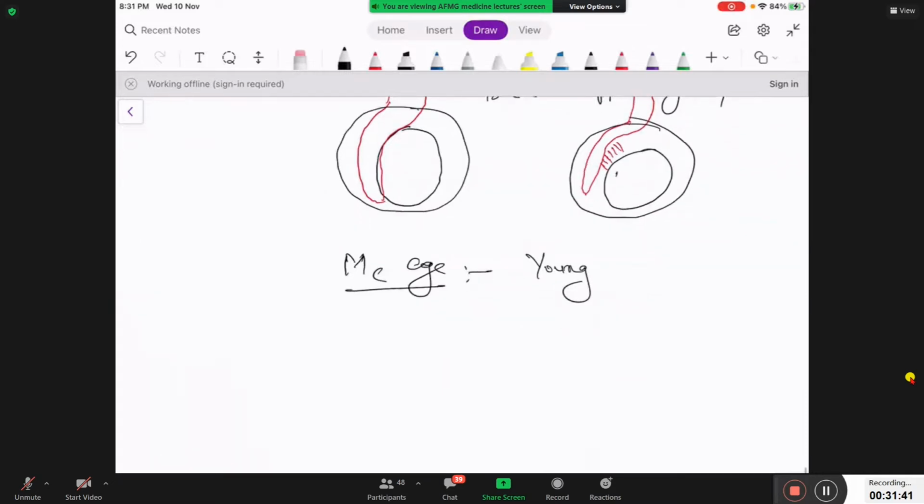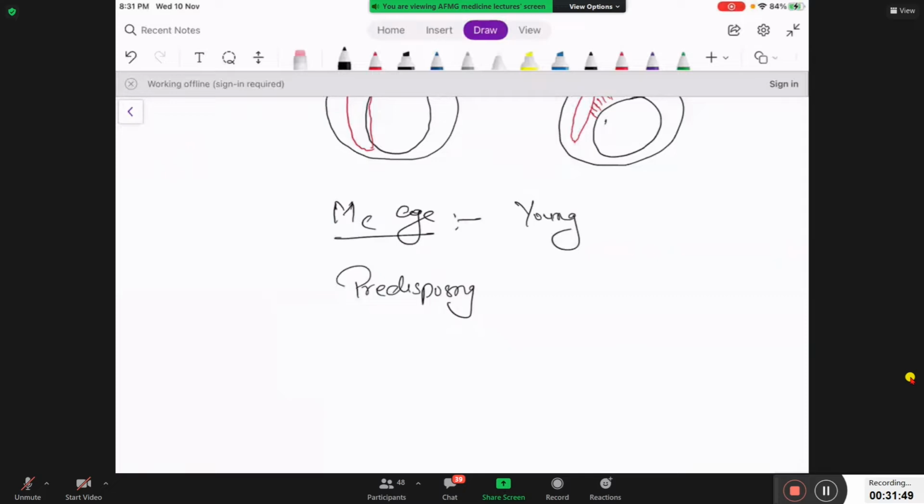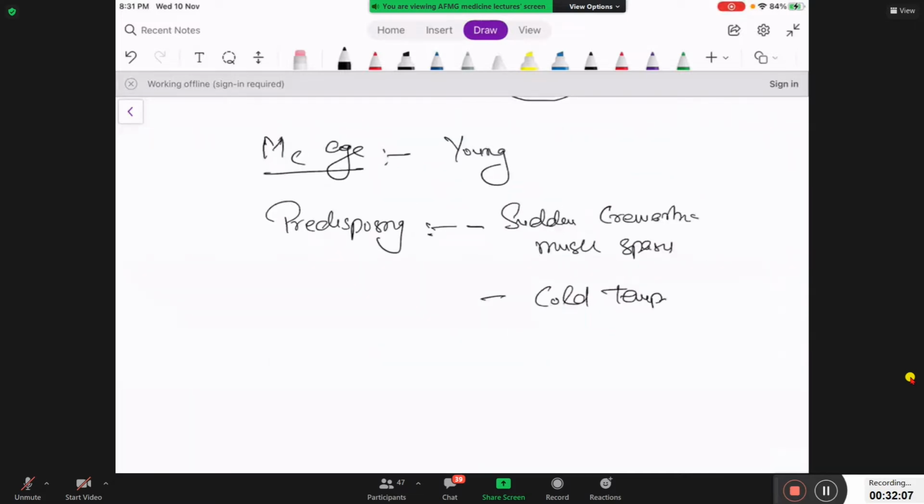And the predisposing factors for this are sudden cremasteric muscle spasm, or cold temperature. This commonly happens in winters, during the winter season, because of the cold temperature, because of the muscular contractions, right?